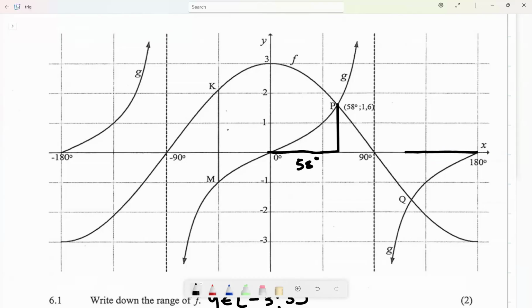From 180 to this point here, it will also be 58 degrees, the distance. Or you can say just add another 58 units so that you get here.